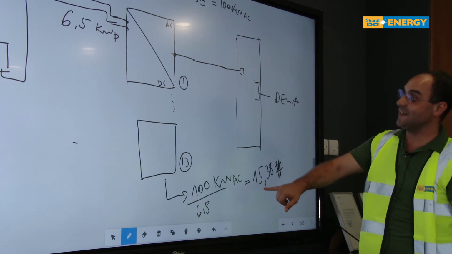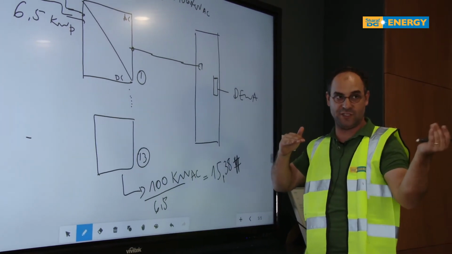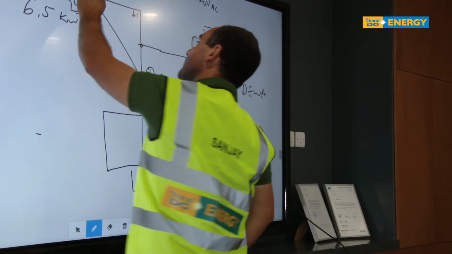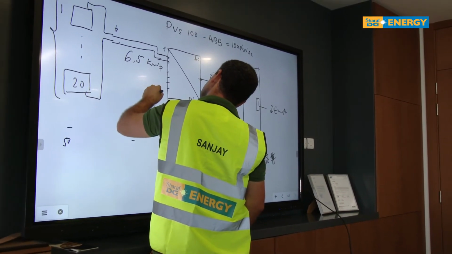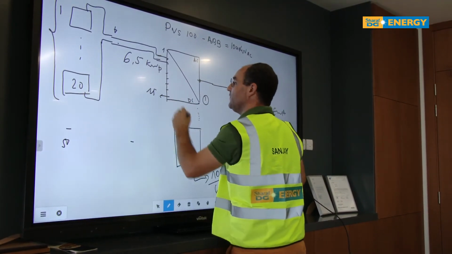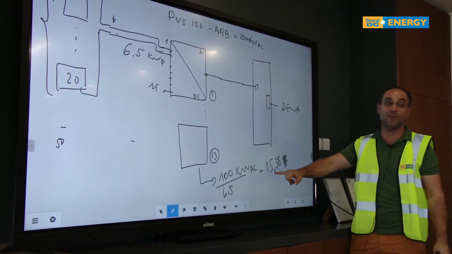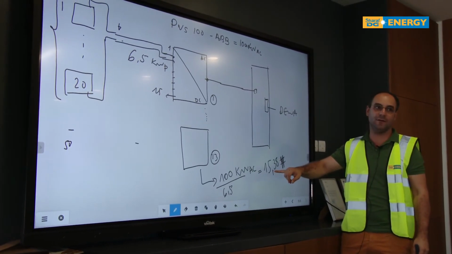So that means, if I want to match the same rated power AC with the DC, I have to bring 15 strings. See the 15? I have to put 15 there. I cannot break down the string. I could, but it's not advisable.